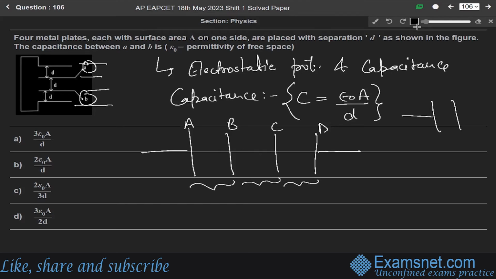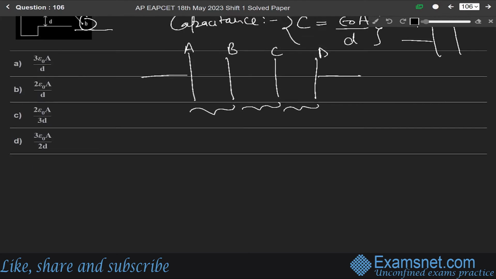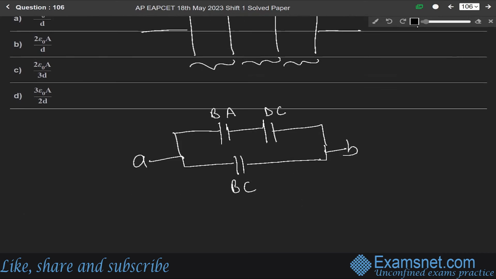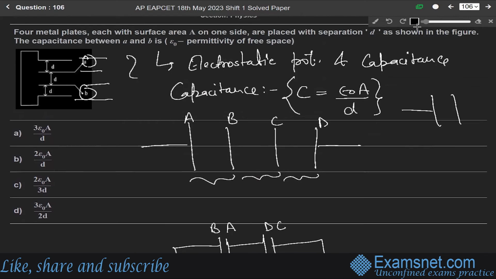Now we can draw the equivalent for this. Let us say first it will make a capacitance between B and A. Then it will make a capacitance between D and C. And so on. Let us say this is A, this is B, and now it will make a capacitor between B and C. So now this is the simplified form of this circuit.